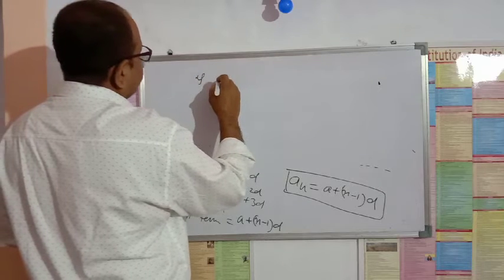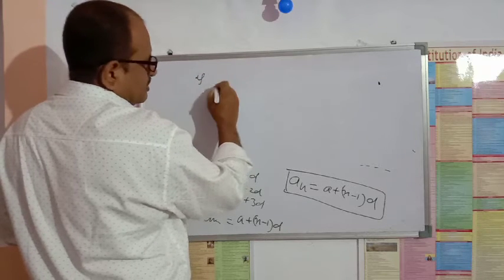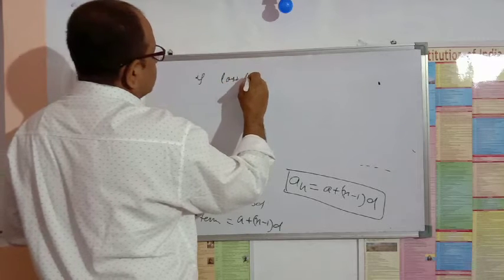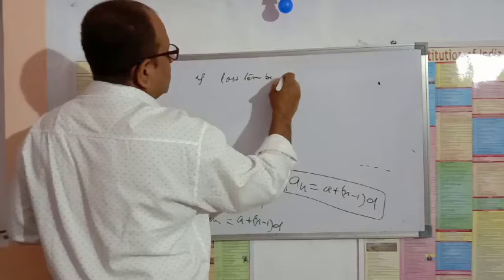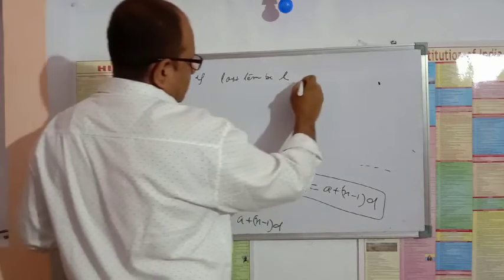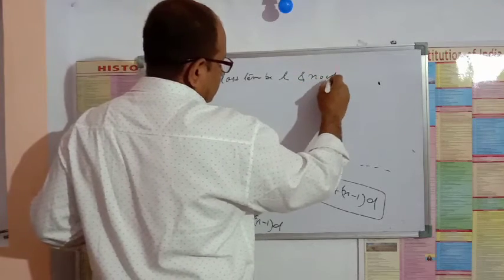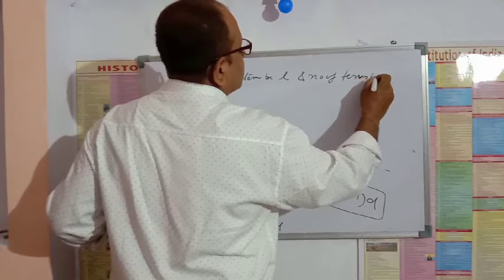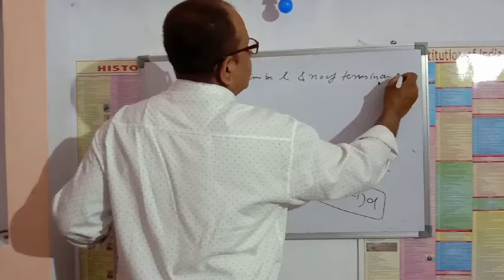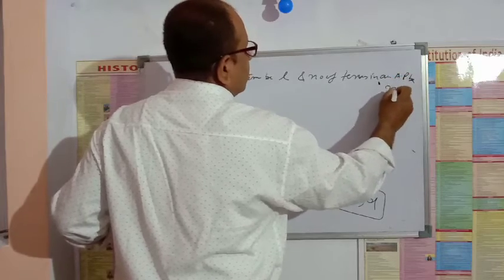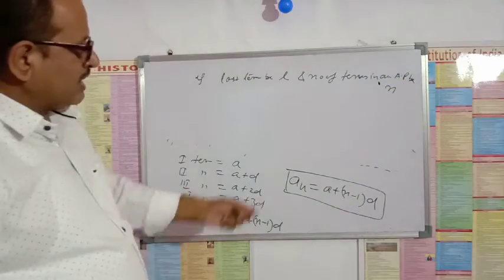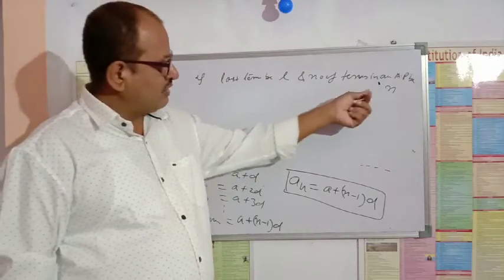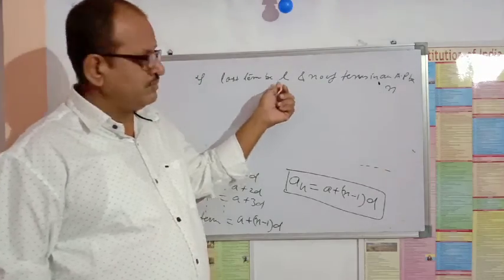If the last term is l and the number of terms in an AP is n, that is, if the total number of terms is n, then the nth term will be the last term.